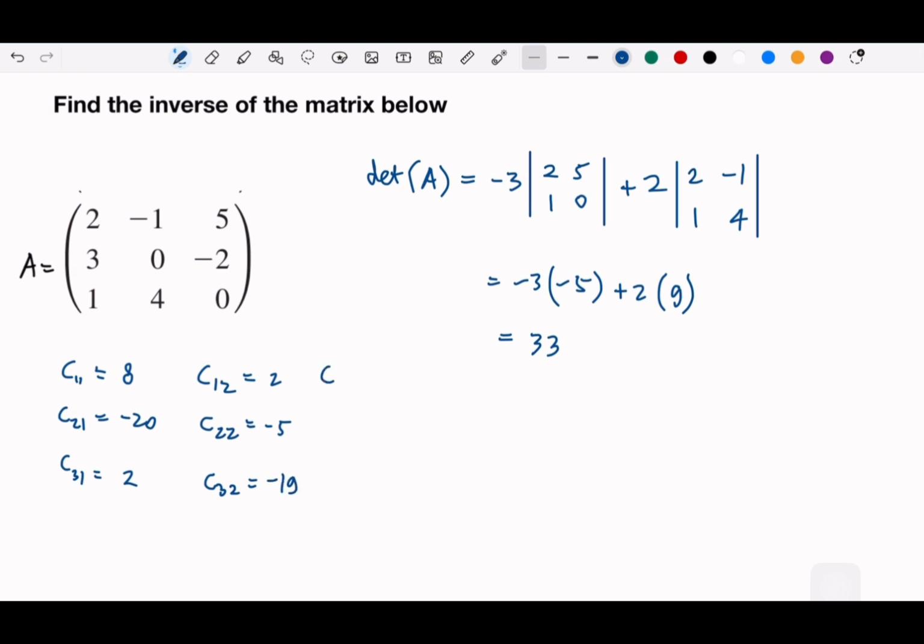And then the last one is 12. And this will be 9, right? Zero minus 3, so 3. Is there any miscalculation?